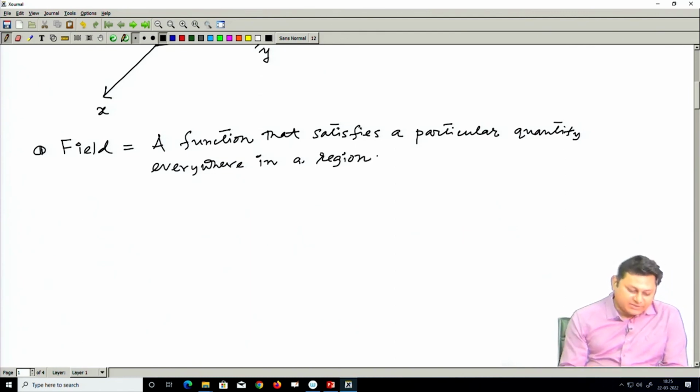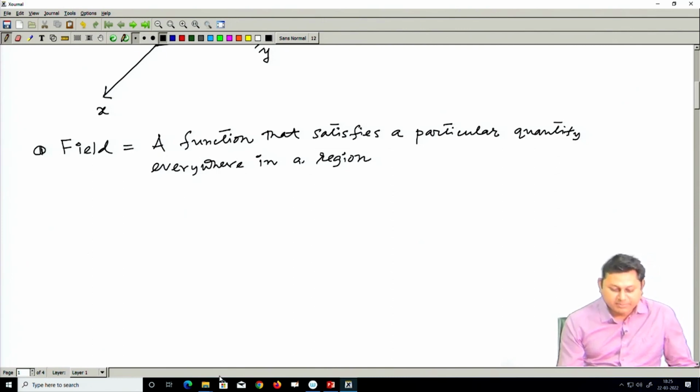I can have a region, and in this region I can define a function, and this function can take whatever value is possible. I can show you some examples, then things will be clear. So, a field is eventually a function, and that function can take different values in a given region. At this moment, let us understand the field in this way.